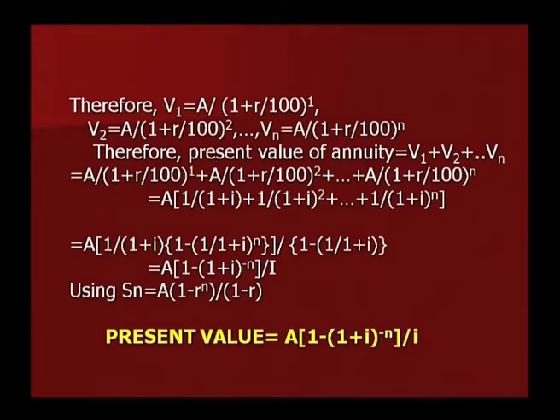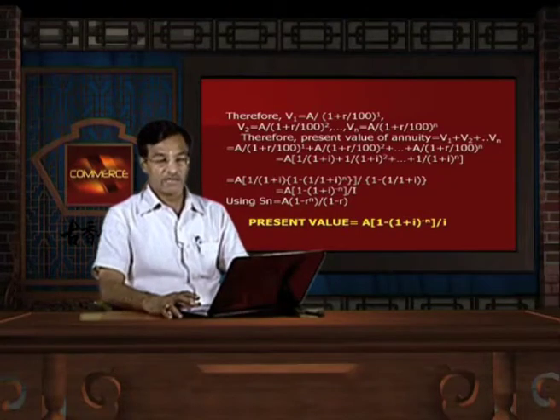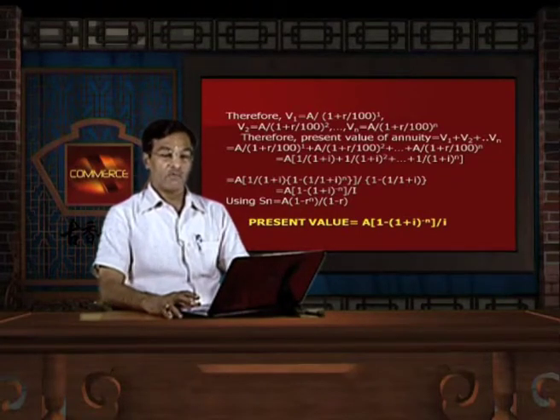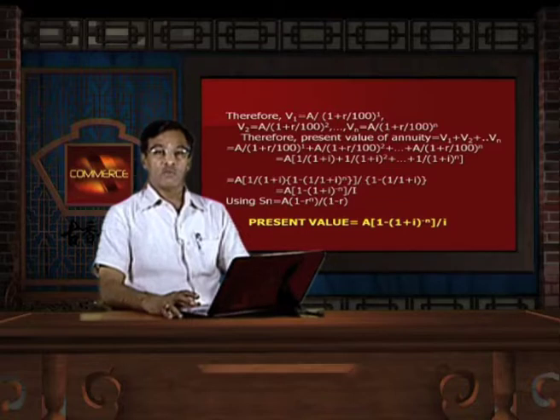Using the formula Sn = a(1 - r^n)/(1 - r), the present value is equal to A multiplied by [1 - (1 + i)^(-n)] divided by i. Here we have calculated the amount of total annuity by calculating the amount per annuity V1, V2, V3, Vn.